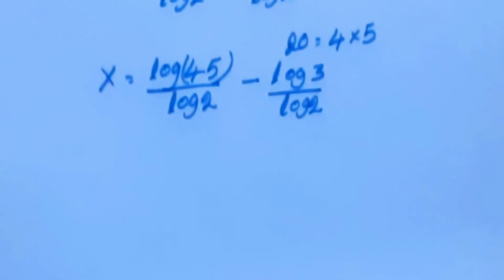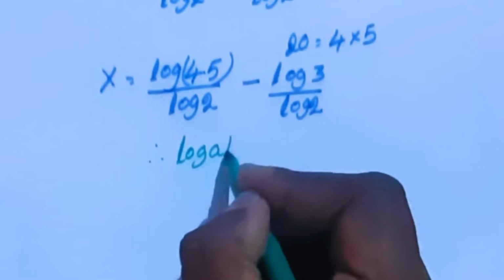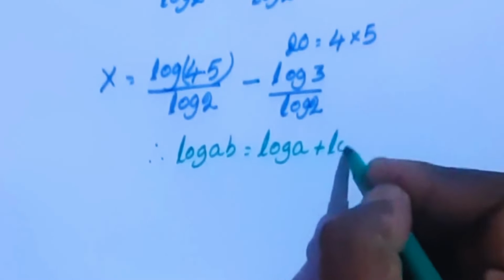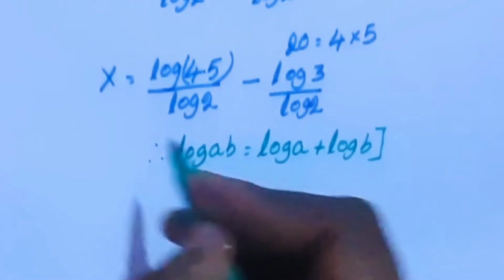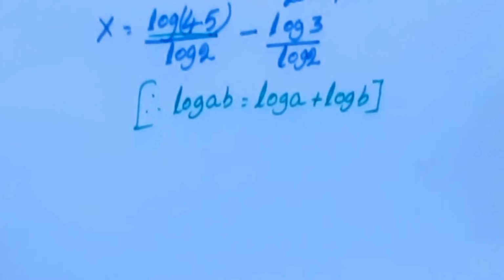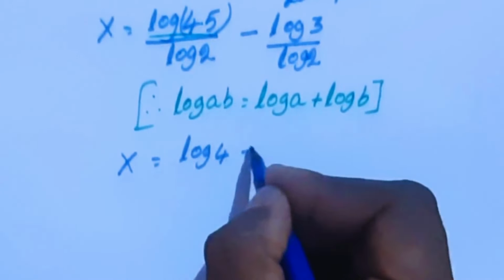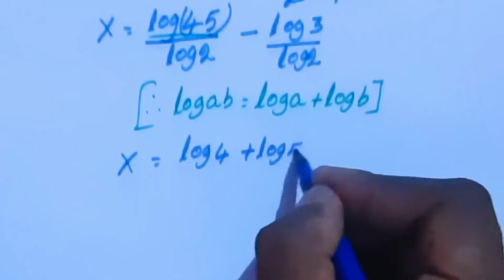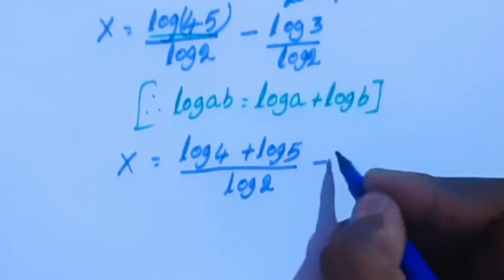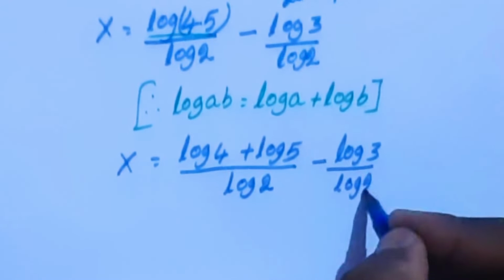Now we are going to apply log product formula, that is log ab equal to log a plus log b. This log product formula we are going to apply here. So we'll get x equal to log 4 plus log 5 by log 2 minus log 3 by log 2.